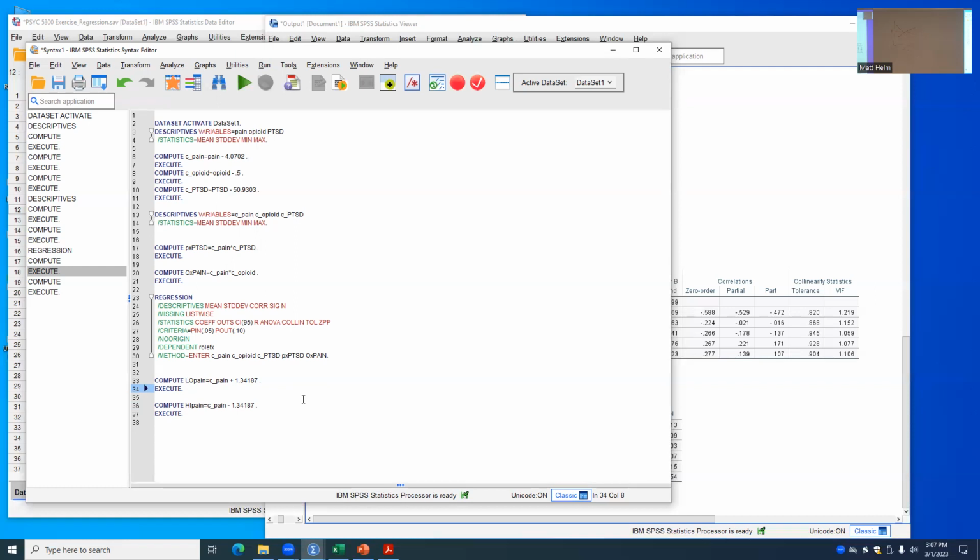Okay, here for high pain, I'm subtracting a standard deviation. My mean for centered pain is 0, and I subtract a standard deviation from everybody. Now my new mean for this is negative 1.34. Zero falls a standard deviation above. So what we're doing is just shifting this variable around so that zero corresponds to high levels of pain or low levels of pain. And if we go through and create our new variables here.